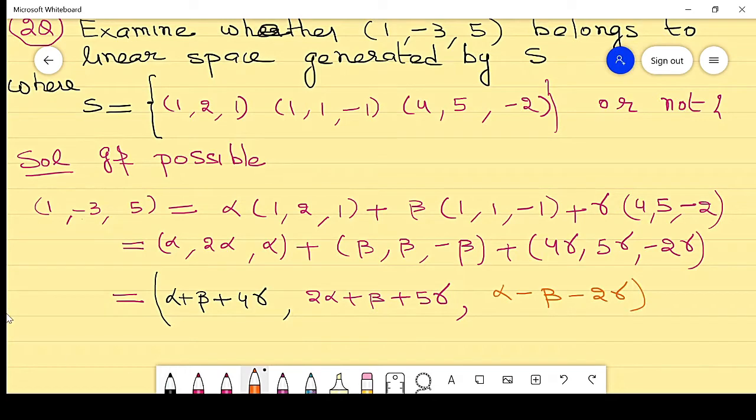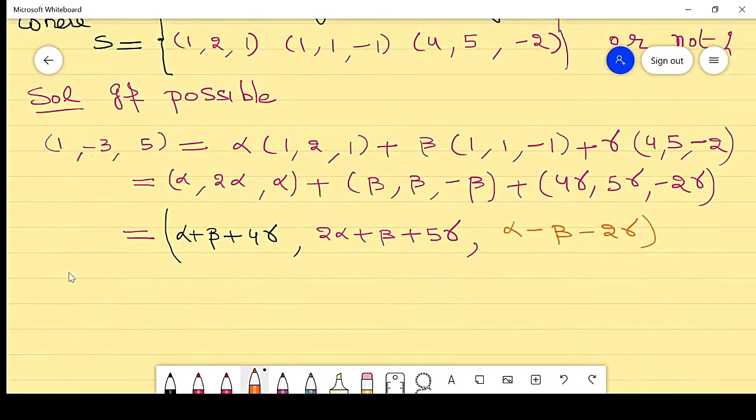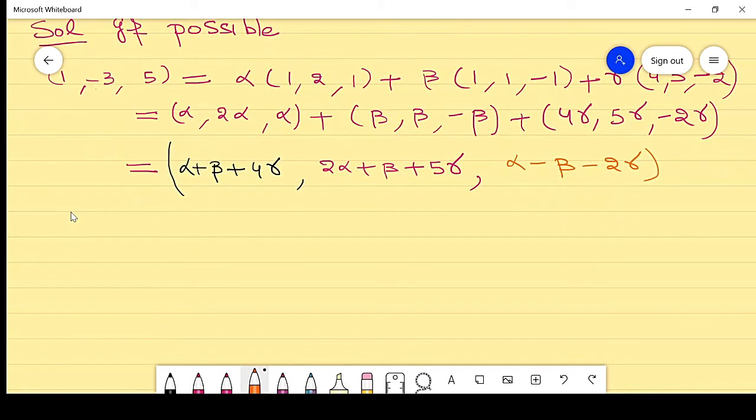If both sides are equal, then it satisfies three equations.